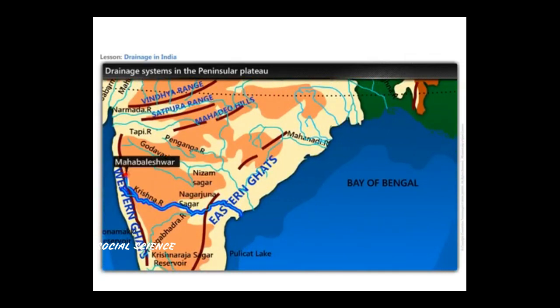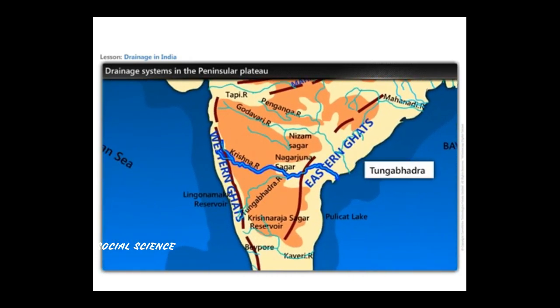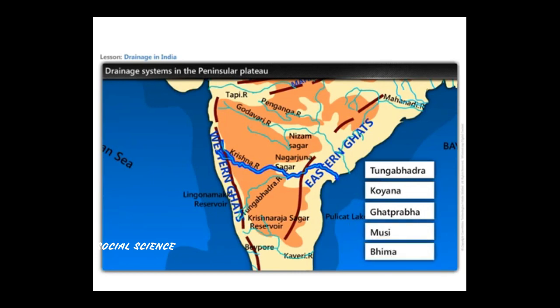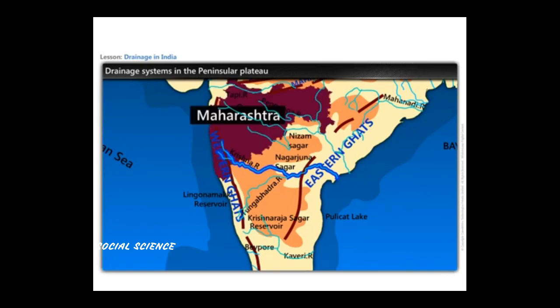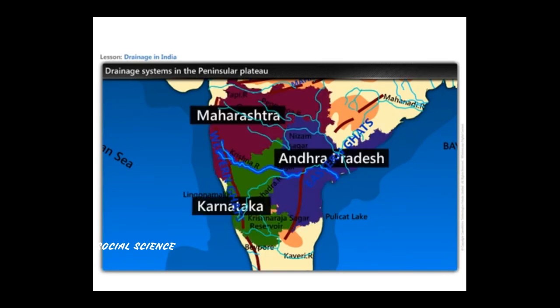Rising from the spring near Mahabaleshwar, the river Krishna flows for about 1,400 kilometers. The Tungabhadra, the Koyana, the Ghataprabha, the Musi, and the Bhima are some of its tributaries. Its drainage basin is shared by Maharashtra, Karnataka, and Andhra Pradesh.